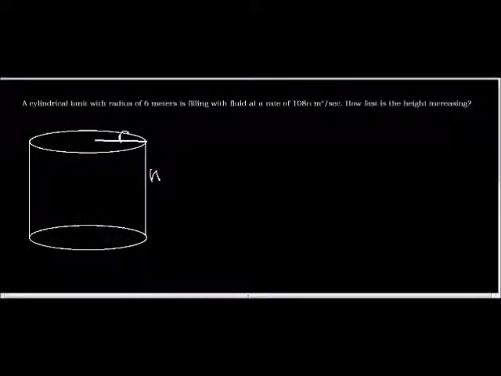So, a cylinder tank with a radius of 6 meters is filling with fluid at a rate of 108 pi meters cubed per second. How fast is the height increasing?